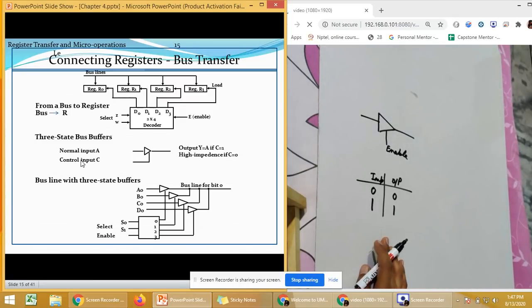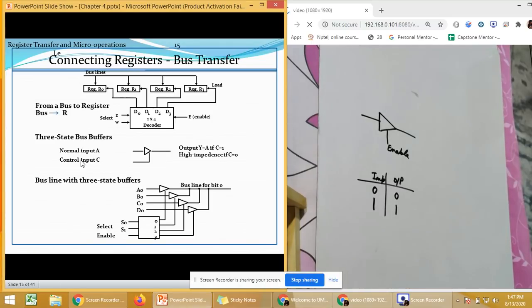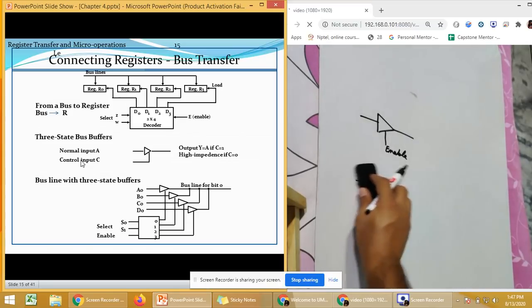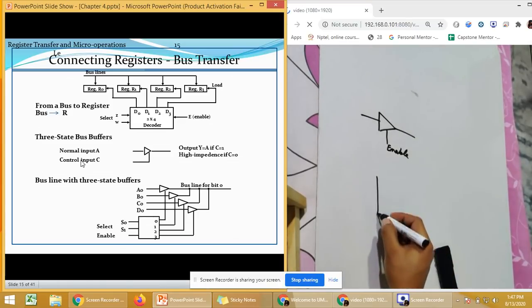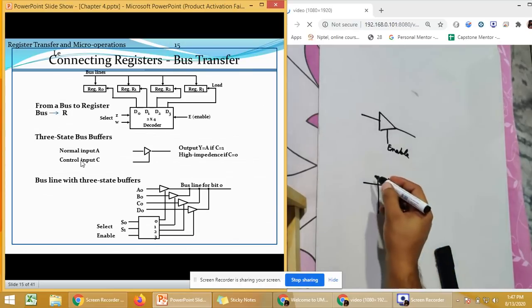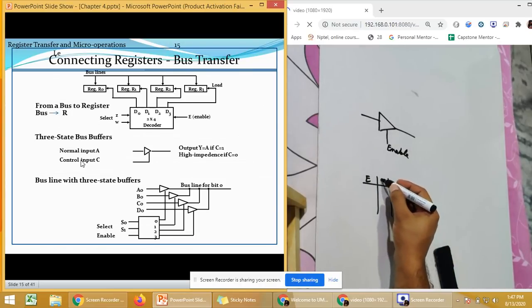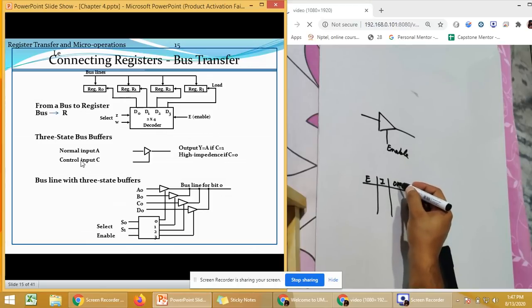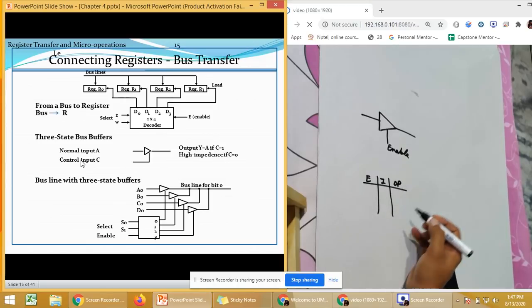Whereas in the case of a three-state buffer, there is only one added thing, that is, we have an enable line with it. So this is enable, here is input, and here we have out.